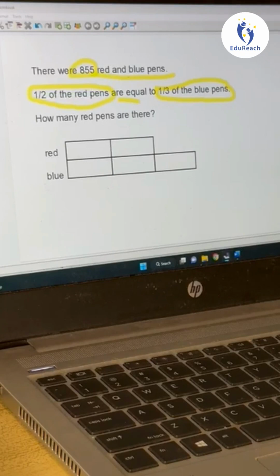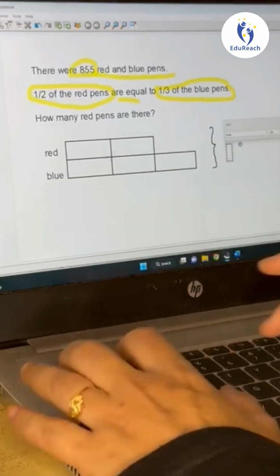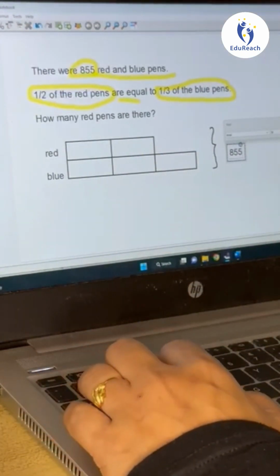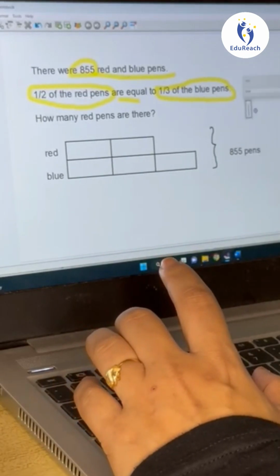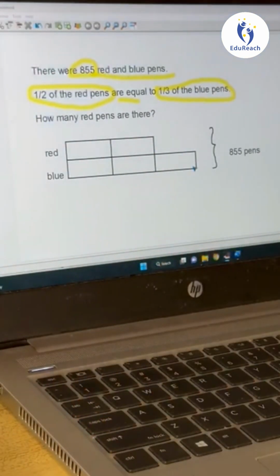So we know that all of this is equal to 855 pens. So now, can we find out how many red and how many blue there are? We can, because we know that these 5 units equal 855.